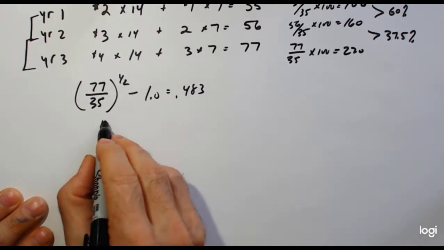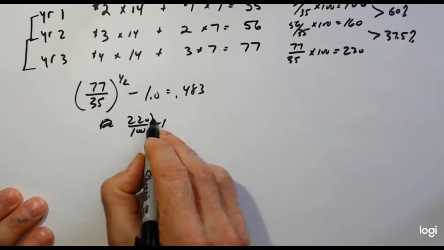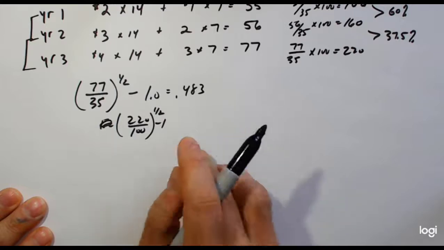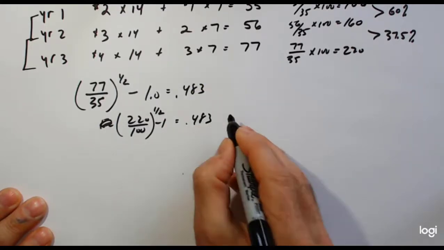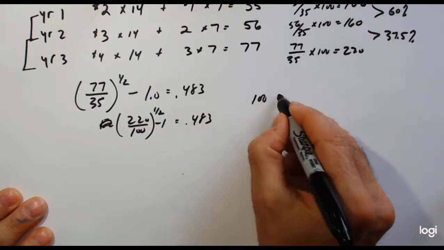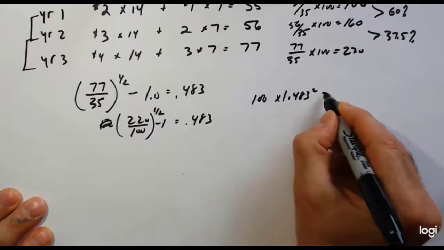Or we could have simply taken the 220 divided by 100, take that to the 1/2 power, minus 1, and we would have gotten the same thing, 48.3. And you can check: 100 times 1.483 squared equals 220.